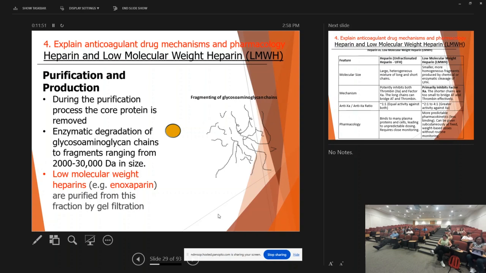There's a drug like that, which is purified and synthesized in a lab by gel filtration. They filter these smaller fragments and they can be treated, and they are much smaller, 2,000 to 30,000 daltons in size. There are different fragment sizes, but that's where you can buy it. So now they are much reduced in size.